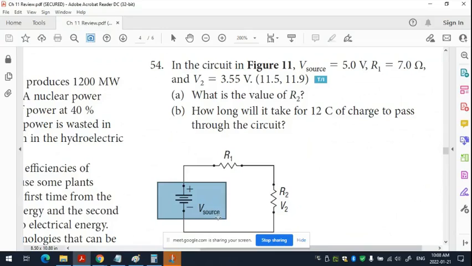Good. So how are you going to find R? Okay, so R2. Yes, so you can find R1. Okay, you know what? Let's do it.